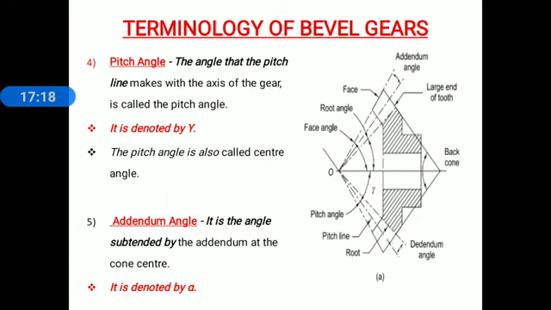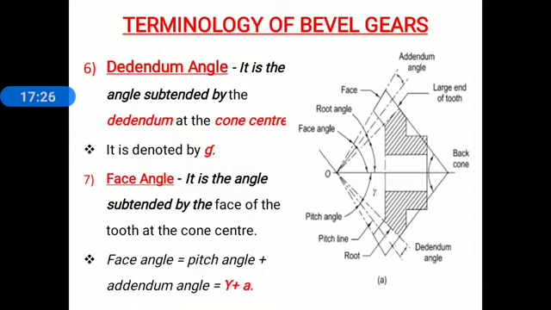In this sketch the addendum angle is clearly mentioned. Next, dedendum angle. It is the angle subtended by the dedendum at the cone center, and it is denoted by letter delta.